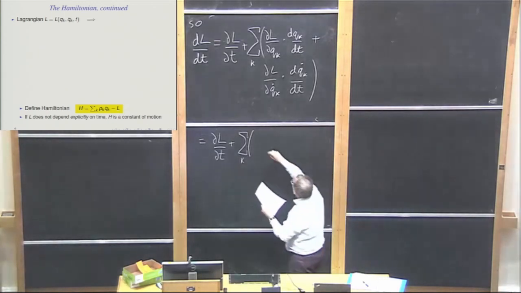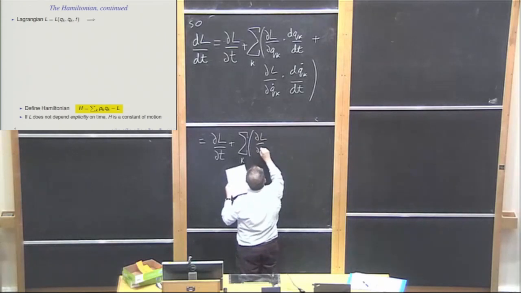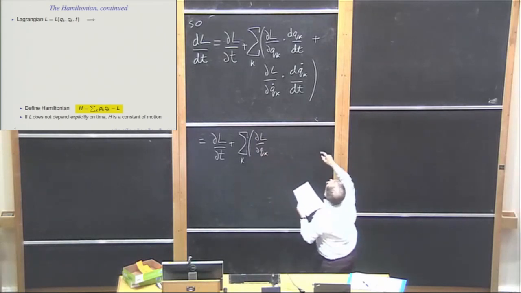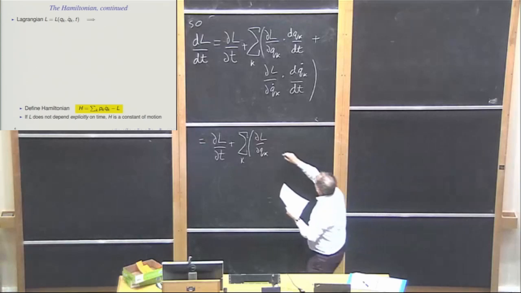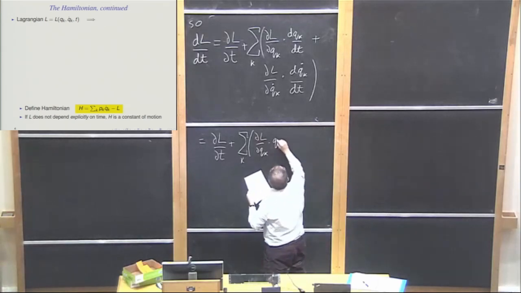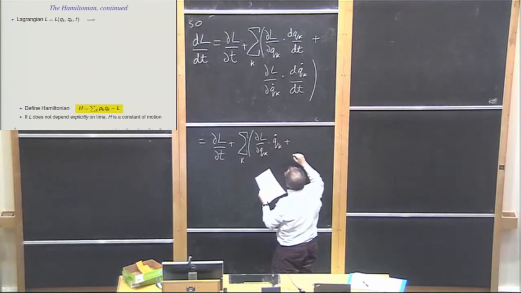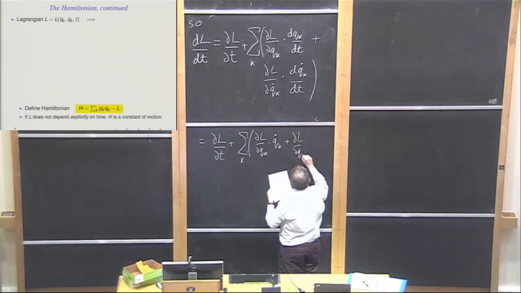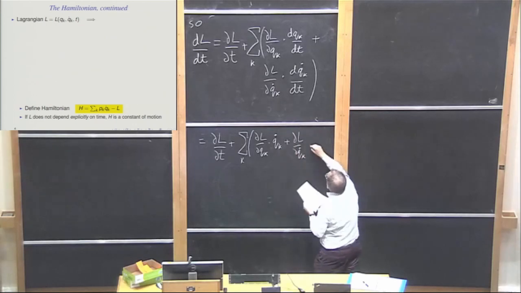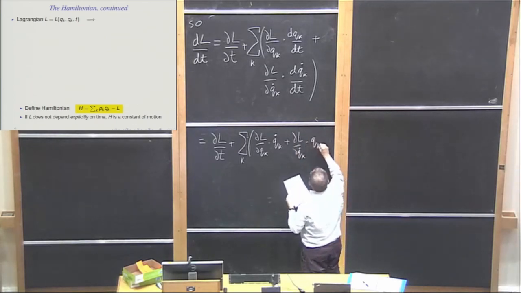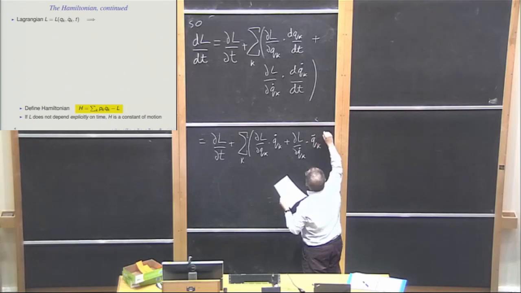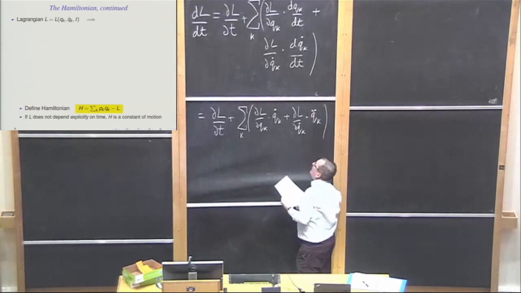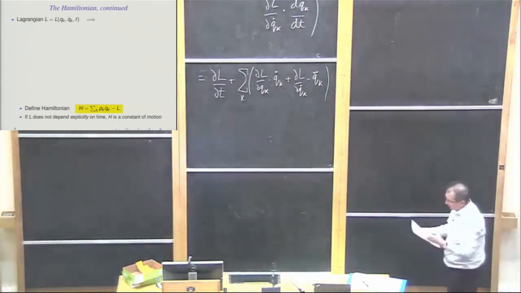I keep ∂L by ∂q_k, but the next term, dq_k by dt, I'm going to write as q_k dot, no big deal there, and then plus ∂L by ∂q_k dot, and then the second term becomes q_k double dot. So that's no more complicated. All that's achieved is I've now been able to write the expression on one line, so that's great.